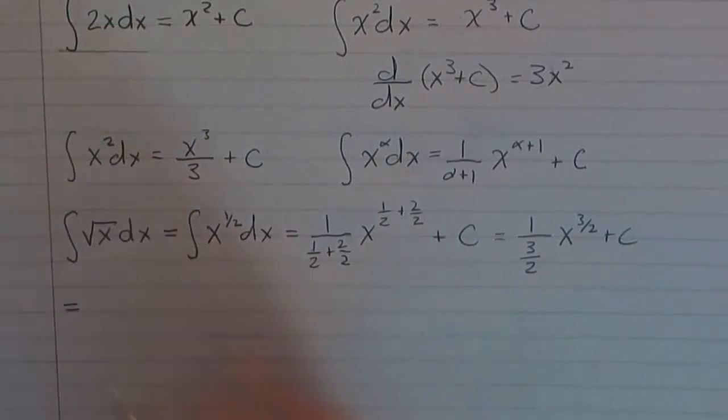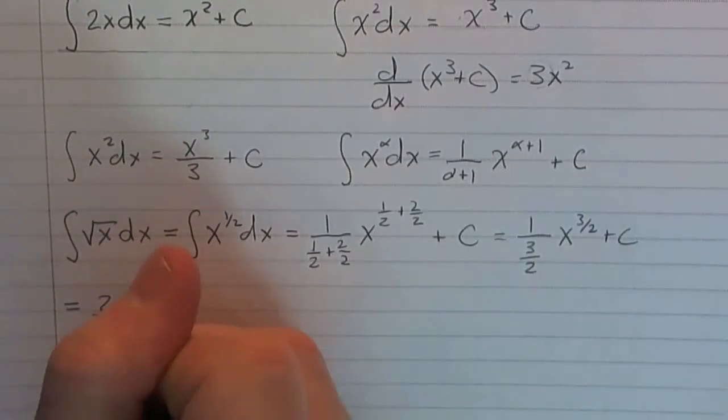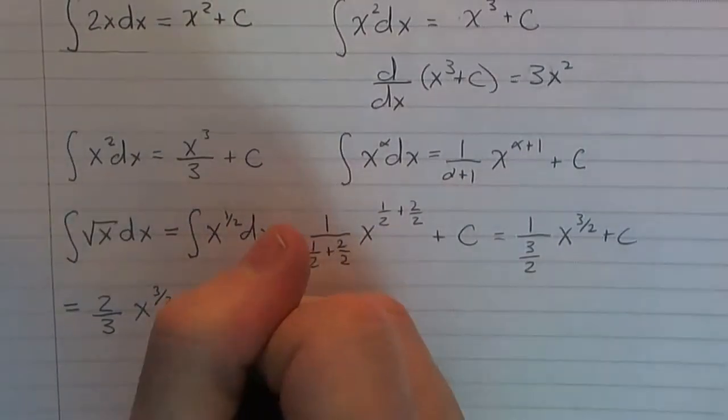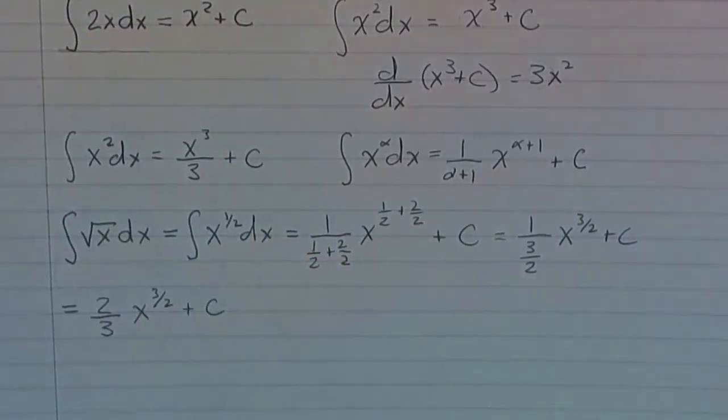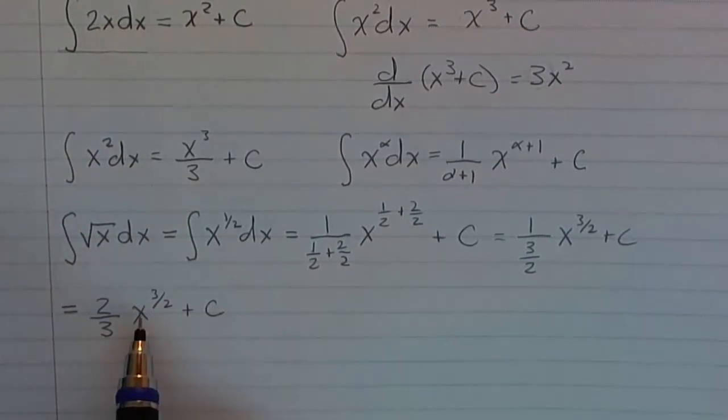Or, you know, we could flip this. 1 divided by 3/2 is 2/3. And there we have it. We found our antiderivative. So if you differentiate this, you'll end up with x to the 1/2 power.